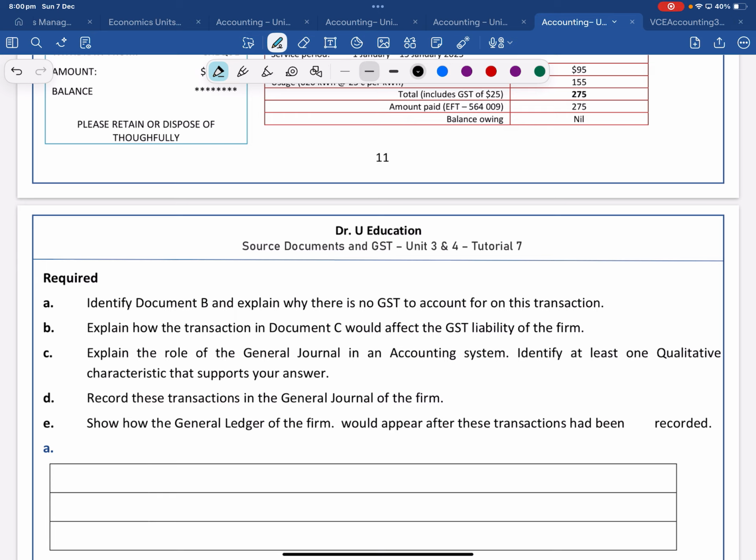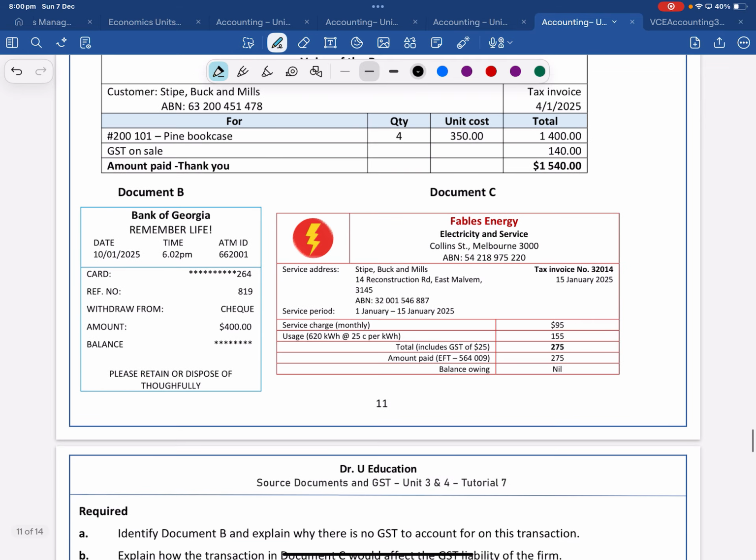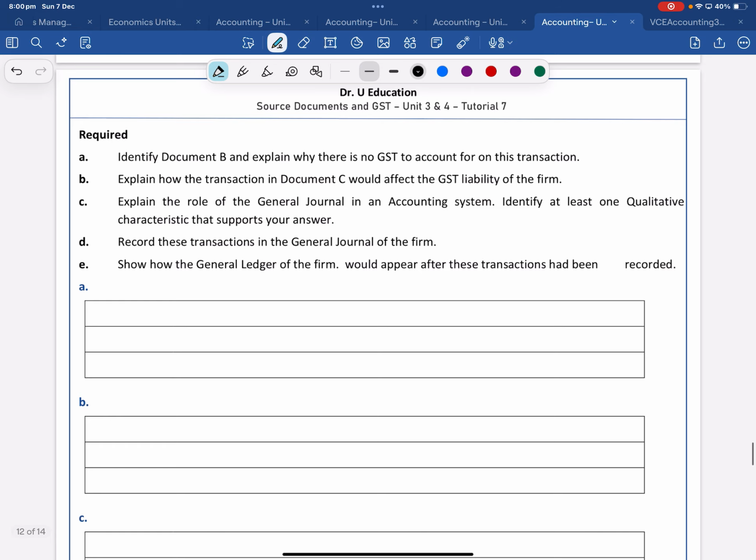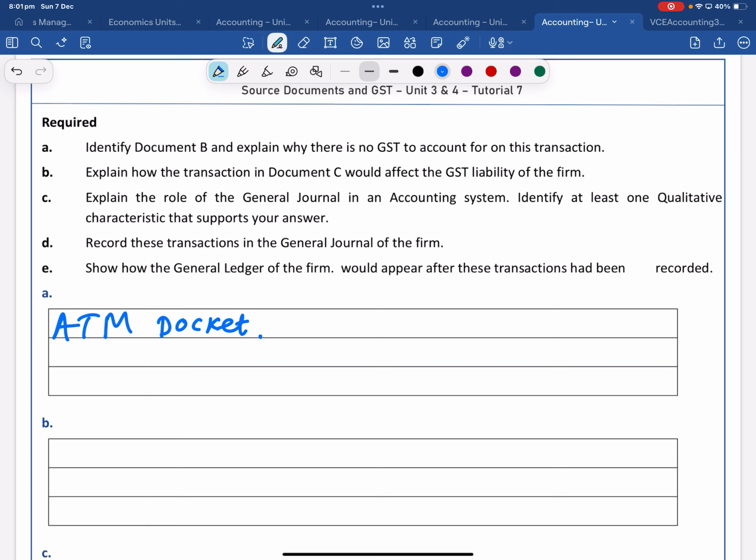Okay, guys, shall we do it? Part A. Identify document B. What is it? ATM docket. What does docket mean?